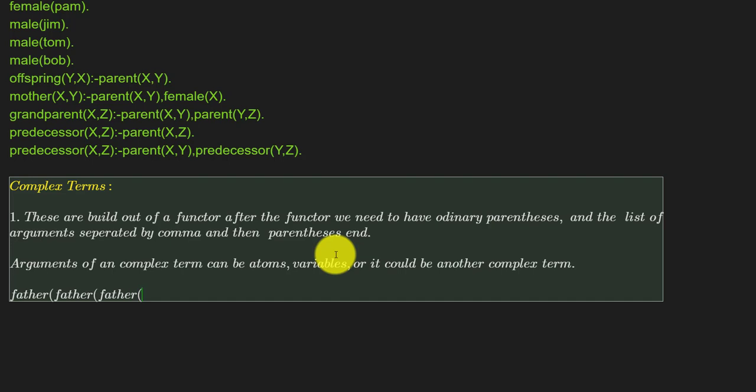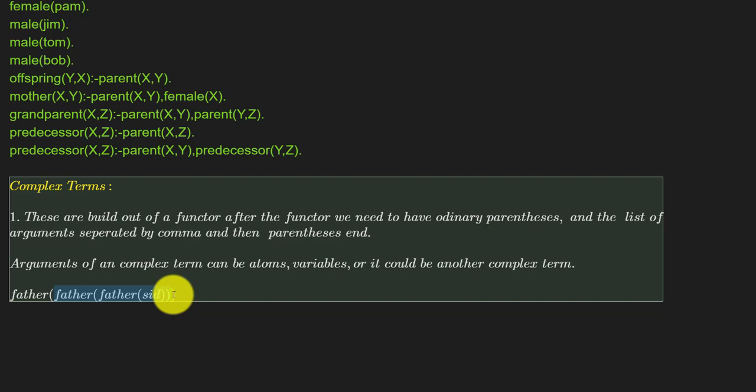Then let's say x or butch, or let's say sid. This could be a complex term where the first is an atom over here. Inside these brackets we have a single input, a single argument, right?